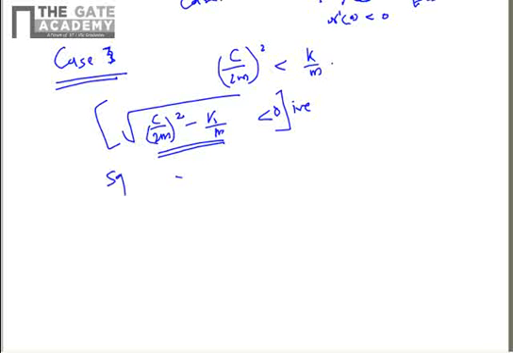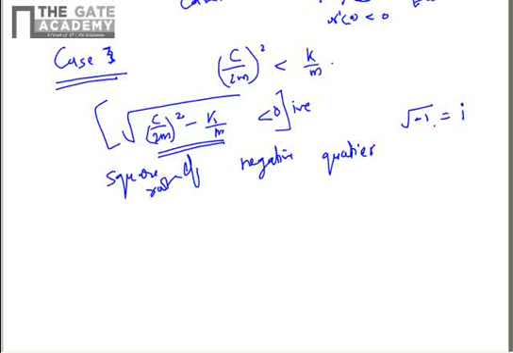So the square root of negative quantities, you know that it becomes a complex number, because square root of minus 1 is iota. Iota is a complex number, not a real number.